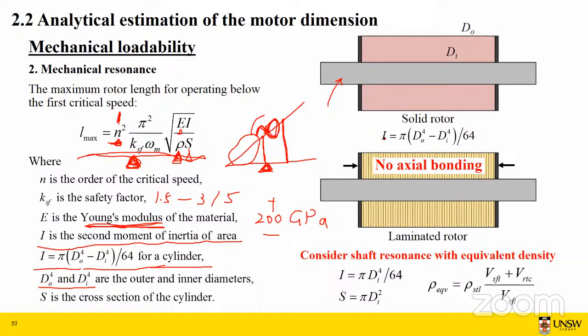Okay, so for motors with a solid rotor, it is okay to directly use this equation with this I, the moment of inertia of a surface, because you have your DO, you have your DI, and it is a solid rotor, meaning this solid rotor can also help to strengthen the robustness of the whole structure.